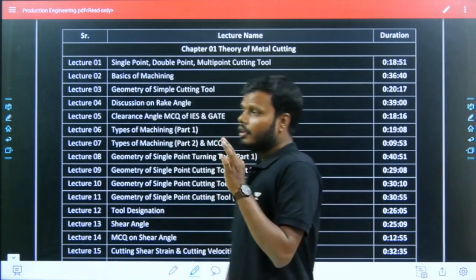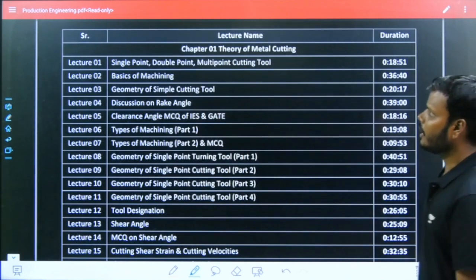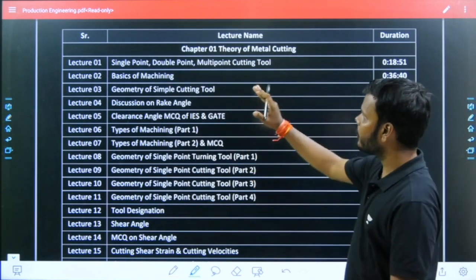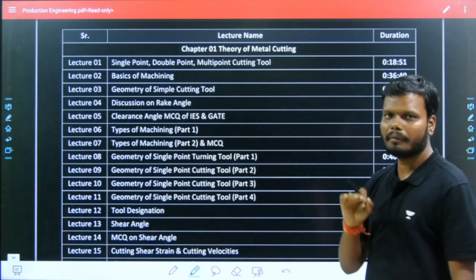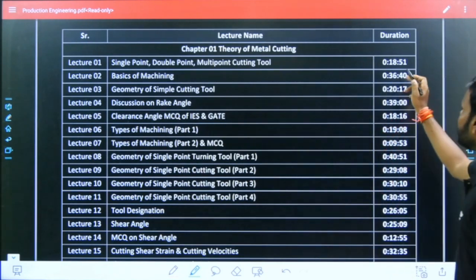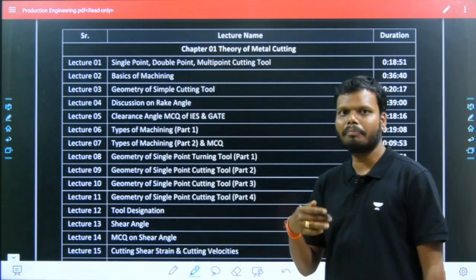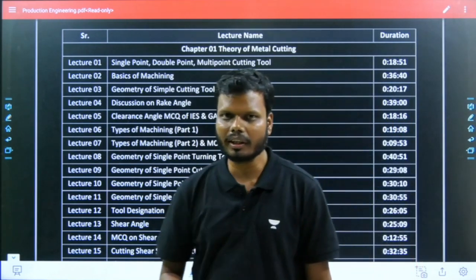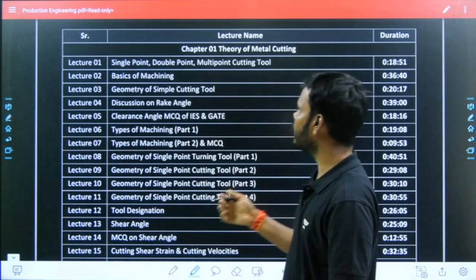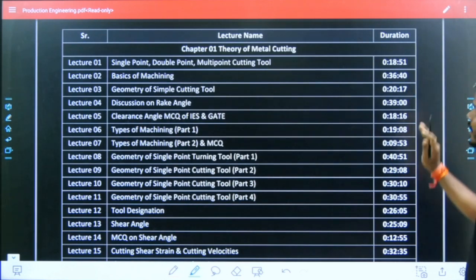In theory of metal cutting, lecture 1, single point, double point and multi cutting tool, is covered in 18 minutes 51 seconds. Basics of machining, that is orthogonal machining and oblique machining, is covered in 36 minutes 40 seconds.